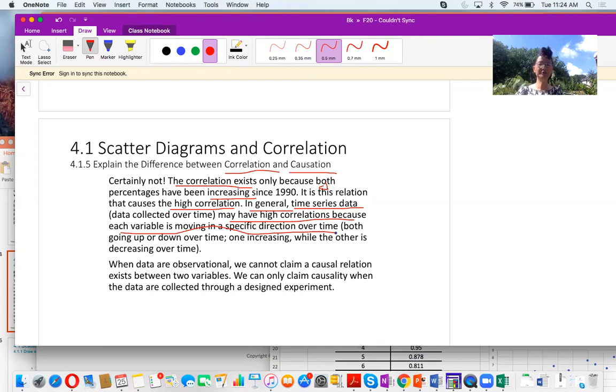Because of this reason, when we use observational data, we cannot claim a causal relation exists between two variables. In order to claim a causal relation exists between two variables, we have to use a designed experiment. That is out of this topic.